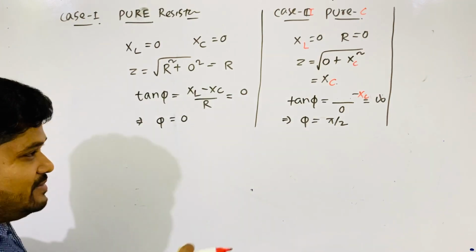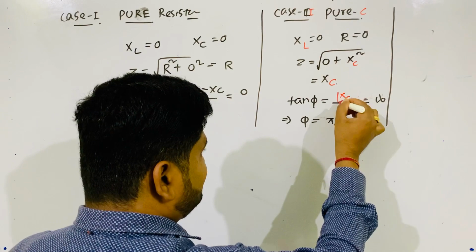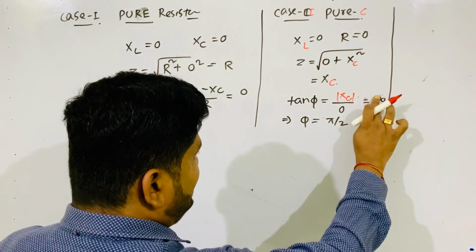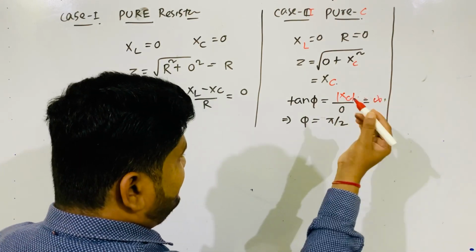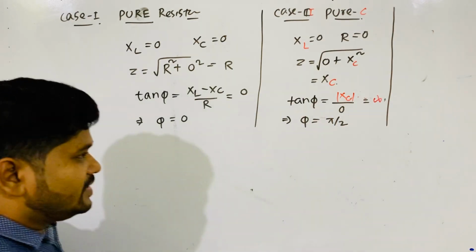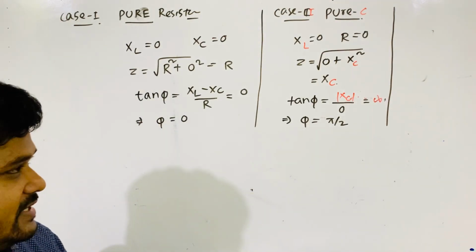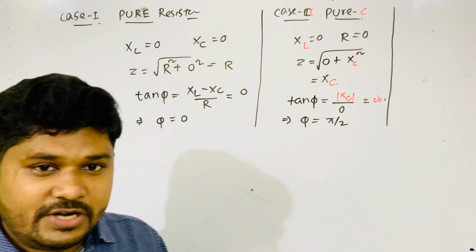We will take the mod of it. So this is infinite, so pi by 2. But leads and lags we have seen there; we can't say it like that. So infinite, so phi is pi by 2. So now we got it.